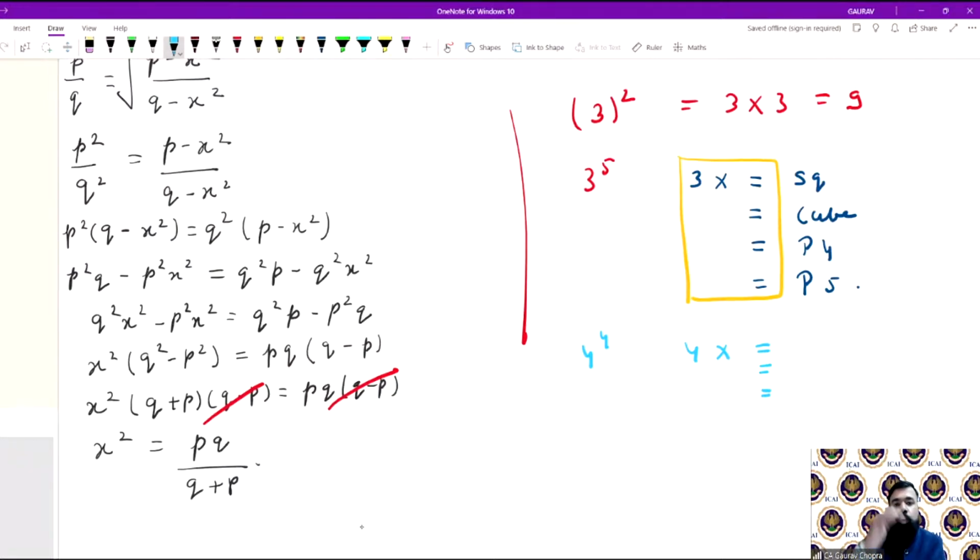So always press equal to one lesser time. If n is 5, press 4 times. If n is 4, press 3 times. So in this way, you can easily calculate the powers. All right.